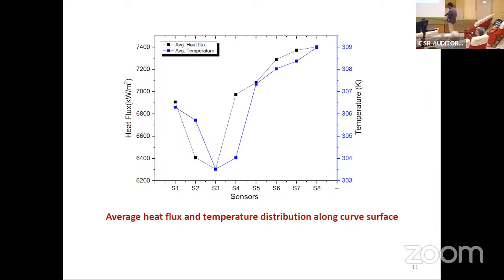We can make out where the heat flux. You should give it with respect to non-dimensional length of your geometry rather than sensor location. Okay, sir. Okay. Thank you, sir.